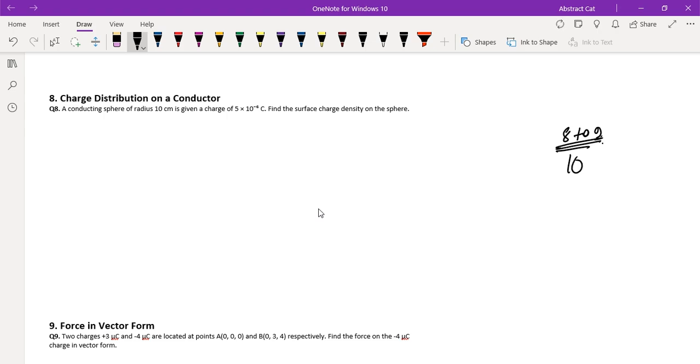Okay, 80 to 90% you get. So that's why in physics how to approach is very important. If your approach is perfect, the diagram is perfect, you know the formula perfectly and put all the data perfectly, then the calculation is not important here actually.